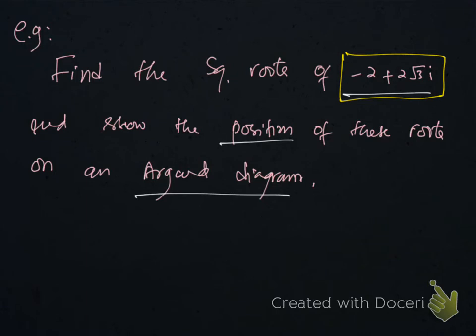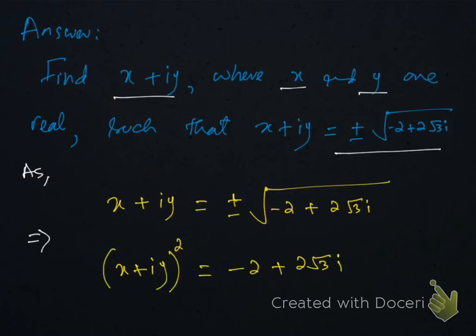So first we need to work for the square roots. Find x plus iy, where x and y are real, such that x plus iy is the square root of minus 2 plus 2 root 3i. Because it was given square root, we have to write plus minus and we have to put the number inside the root.